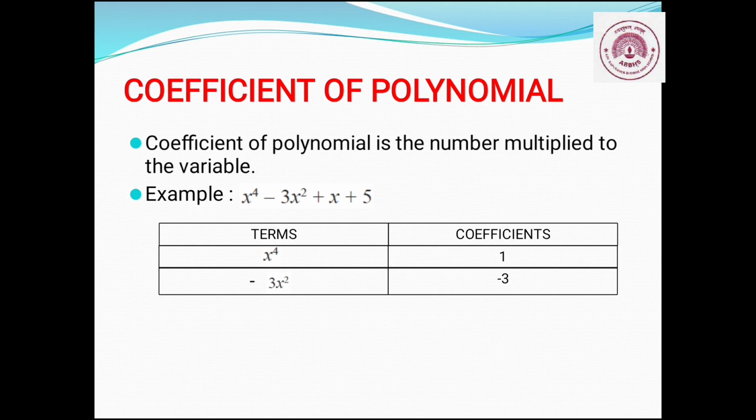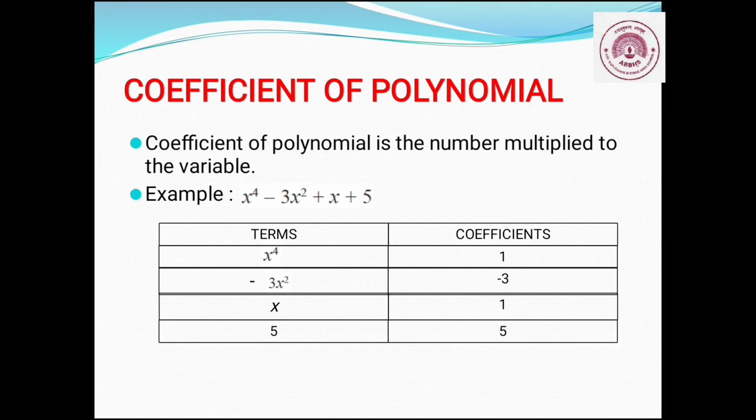Therefore, the coefficient of x square is negative 3. The number multiplied with x is 1 and therefore its coefficient is 1. For the last term, that is the constant term, the coefficient is 5.